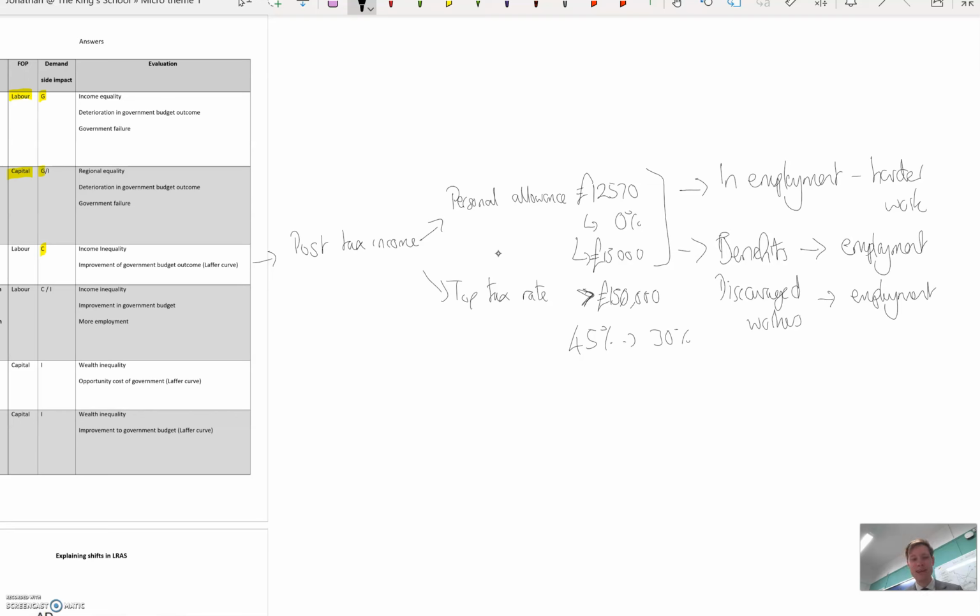This therefore has an interesting impact. Dropping the top rate of tax is going to make income inequality rise. Increasing the personal allowance is going to make income inequality fall. So you can choose which one you want to do, but both of them are going to have a cost to the government in terms of tax revenue.